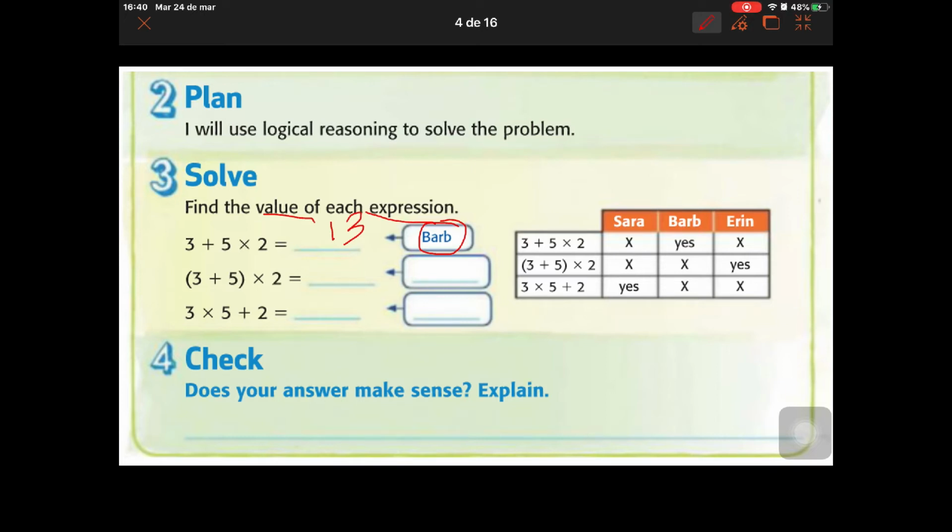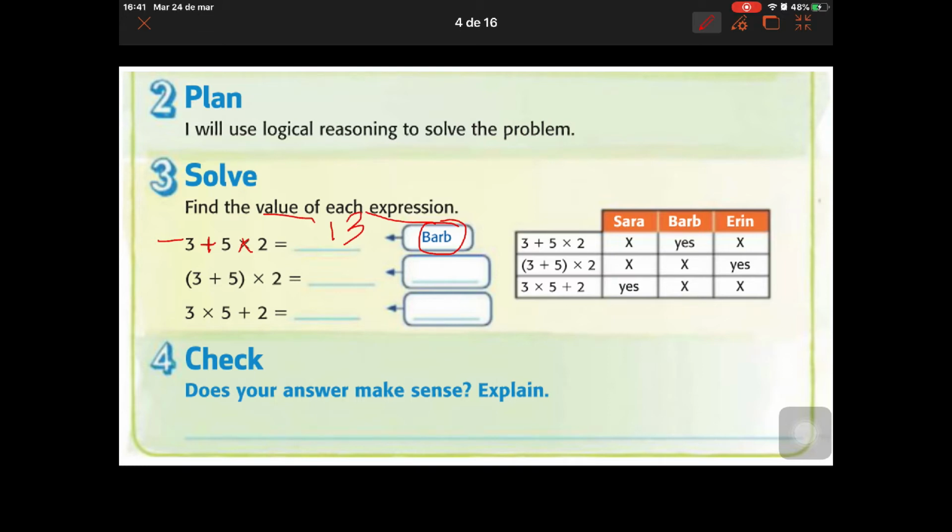You know that this one doesn't have a parenthesis like the second one, right? This one starts with a plus and then a multiplication. But since we don't have parentheses, remember that we have to start with the operation that is the multiplication or the division.